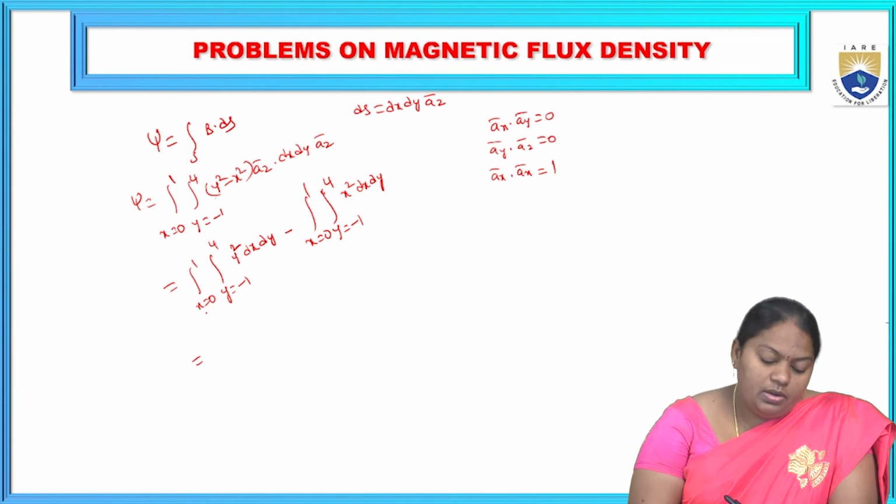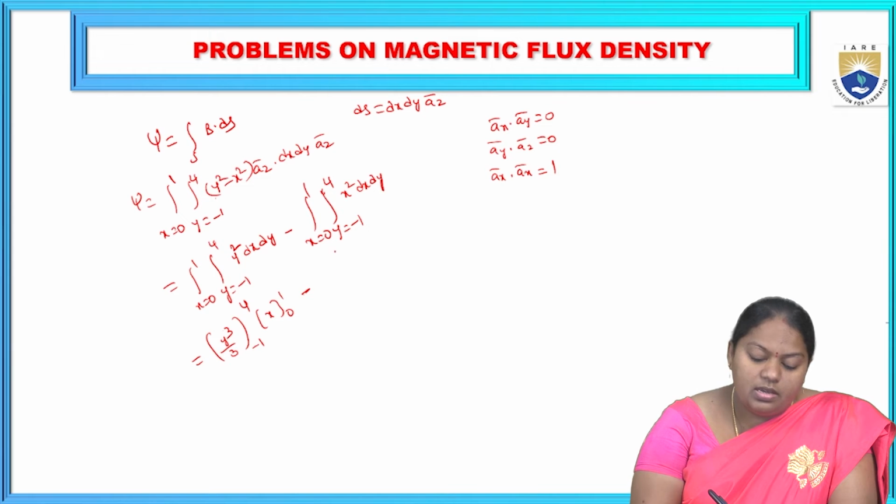y square becomes y cube by 3 with limits minus 1 to 4, and for x it is x with limits 0 to 1, minus. Similarly, for x it is x cube by 3 with limits 0 to 1, and for y it is y with limits minus 1 to 4.